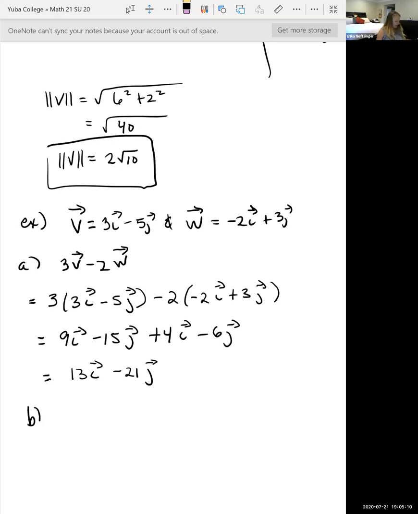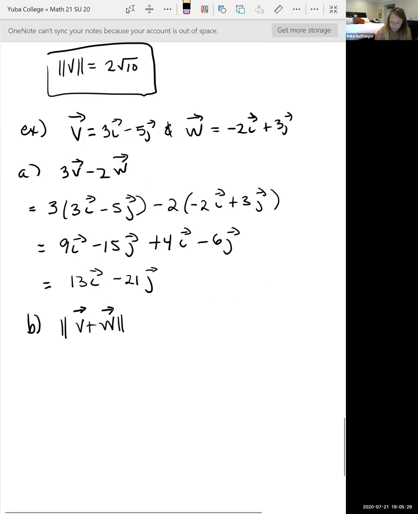So they say find the magnitude of v plus w. Well, we have to look at first the vector v plus w.